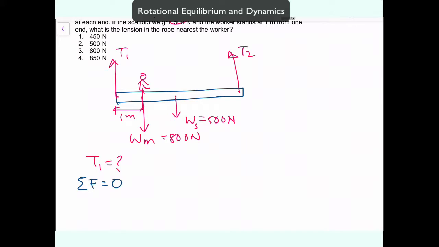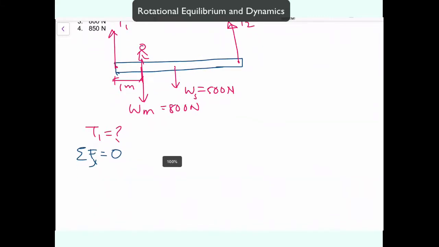In this particular case, all the forces are in the y direction, so all the forces acting upward equal those acting downward. The ones acting upward are T1 and T2, and the ones acting downward are Wm and W of the scaffold.